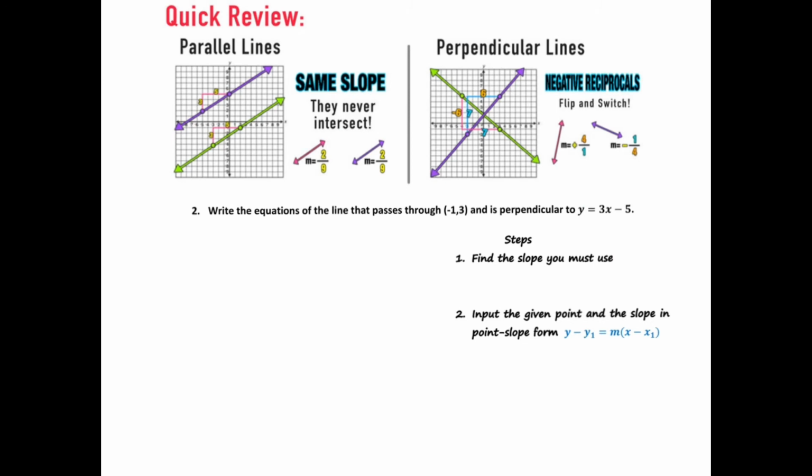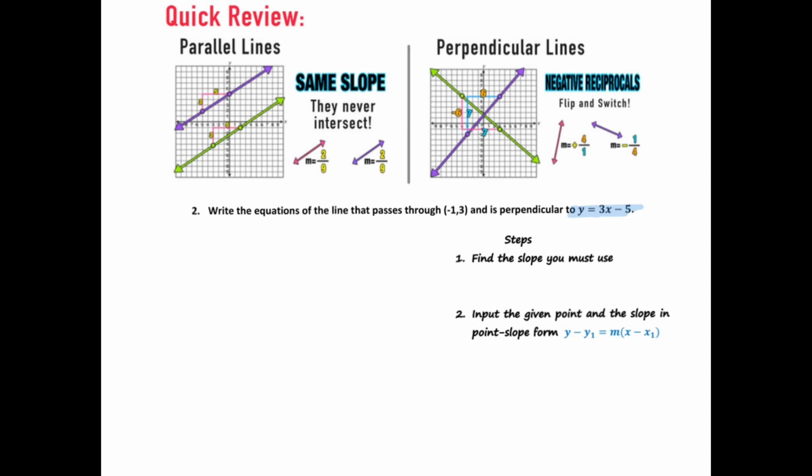Now we have the same idea, but now we need to write an equation of a line that passes through the same point, (-1, 3), and is perpendicular to y equals 3x minus 5. So we're going to follow exactly the same steps. Step number 1, find the slope you must use. So again, the equation that we have is y equals 3x minus 5.